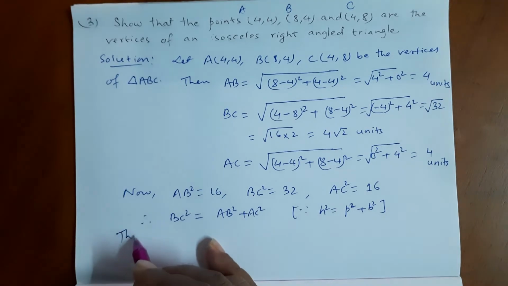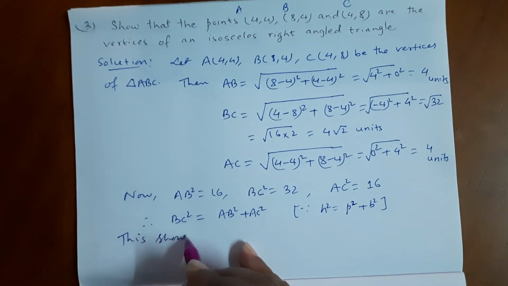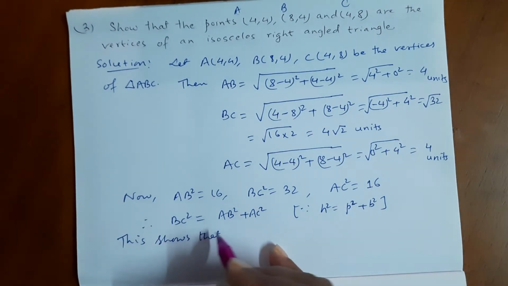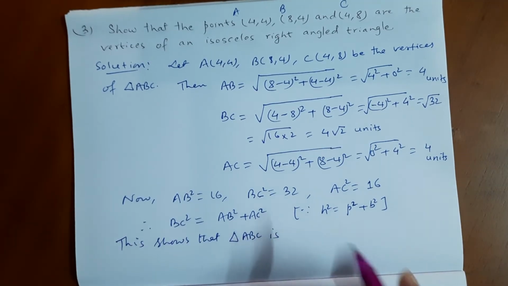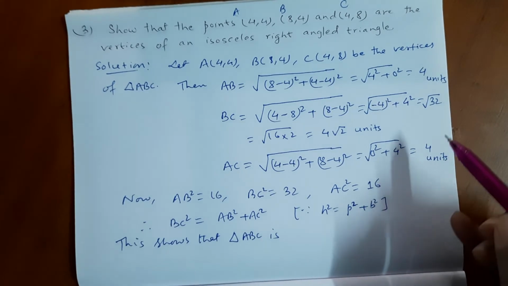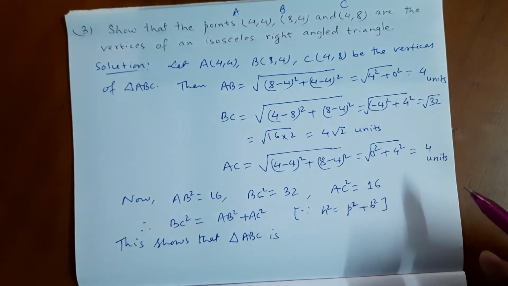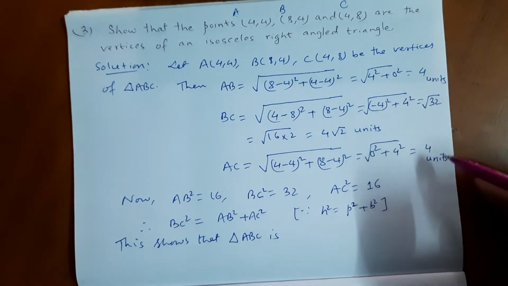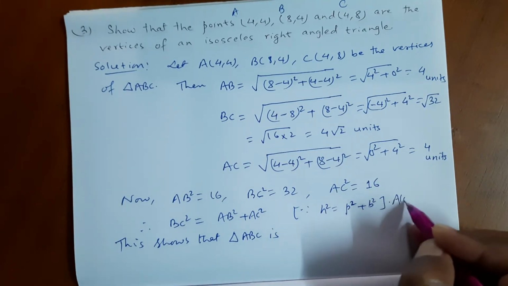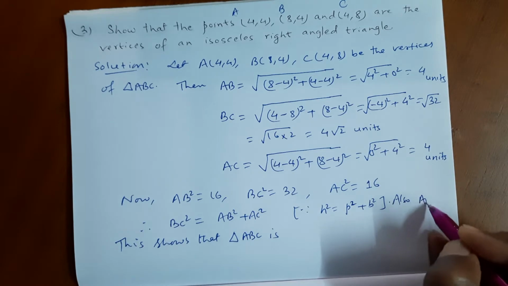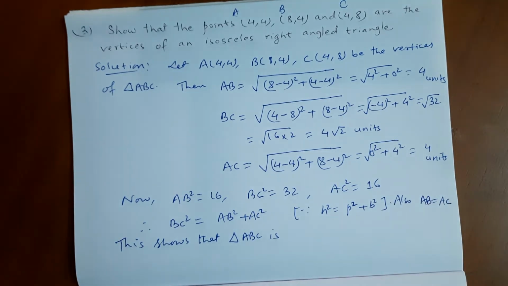This shows that triangle ABC is, we have already shown that this is an isosceles triangle because AB equals AC. Also AB equals AC.